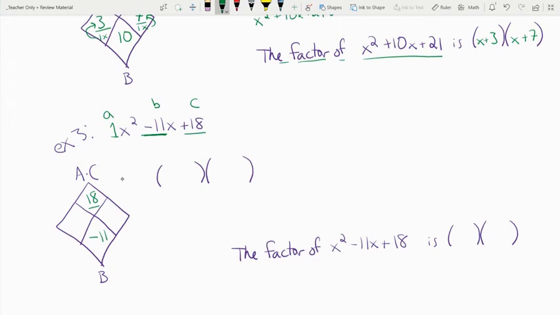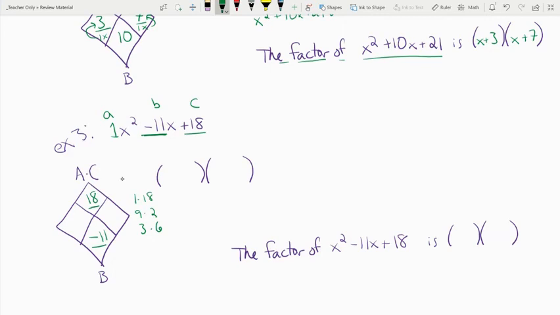So how can we get 18? We saw an 18 before. We can do 1 times 18. We can do 9 times 2, or we could do 3 times 6. 1 plus 18. Now, in this case, okay, we haven't seen one like this today. We've got a negative here, but we've got a positive up here.